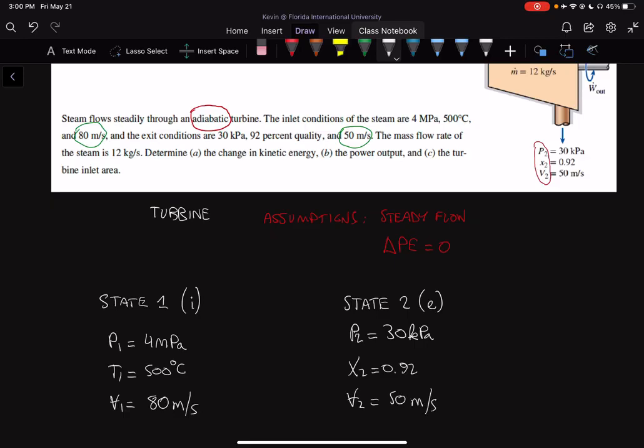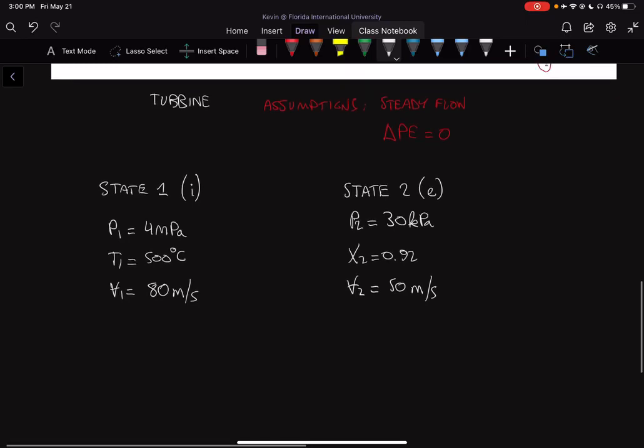Okay, and using this information, our first part of the problem is finding the change in kinetic energy. The book doesn't specify this, but I would specify this in a problem that I would give you. They should give you the units for the change in kinetic energy they're looking for.